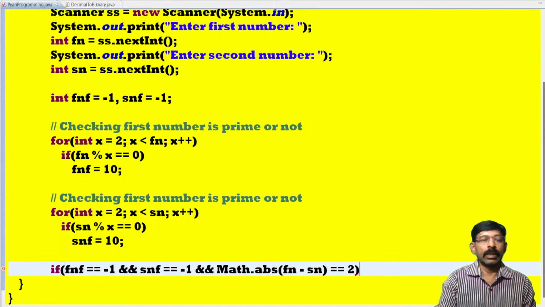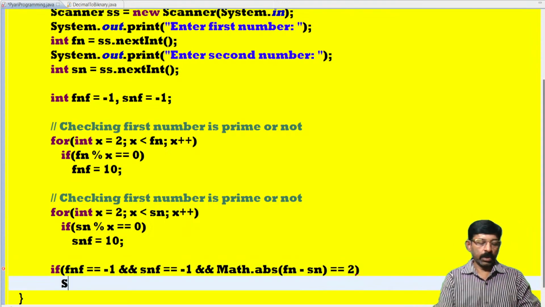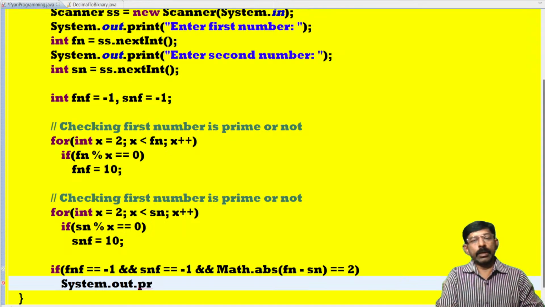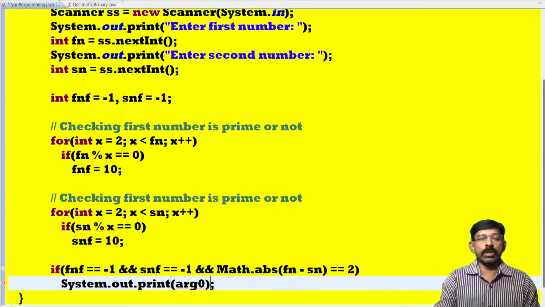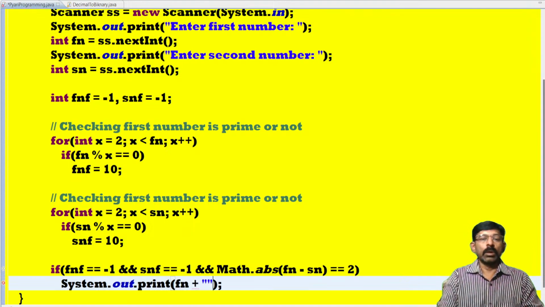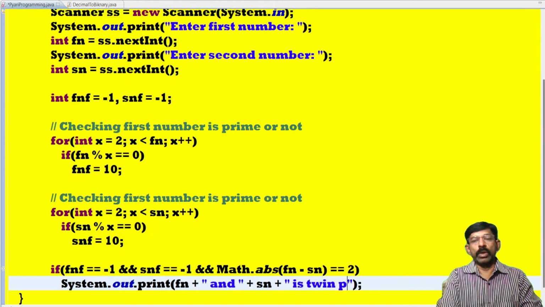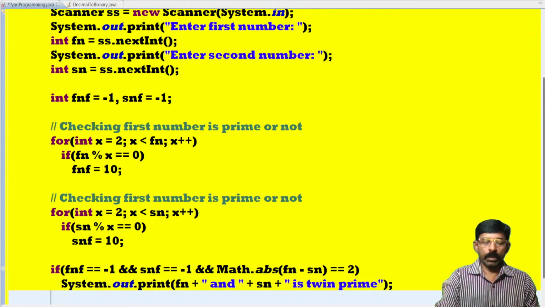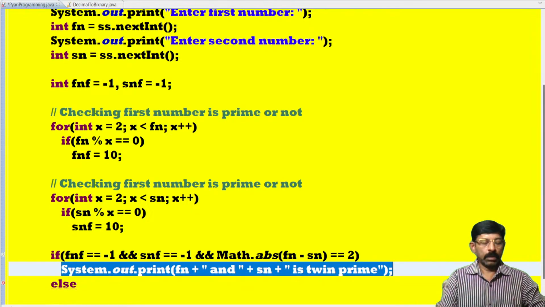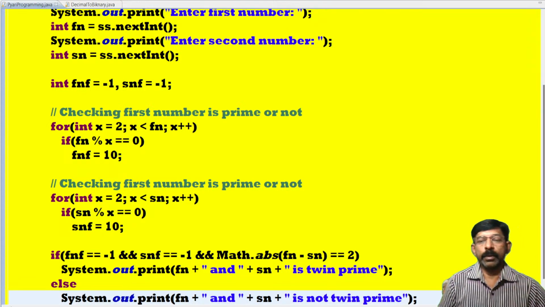If it is, then now here I will say system.out.print. If all three conditions are true, then your first number with a message AND and second number is twin prime, else first number and second number is not twin prime.